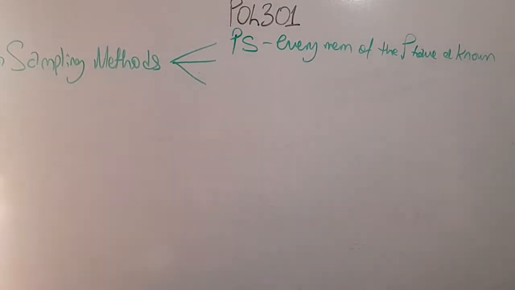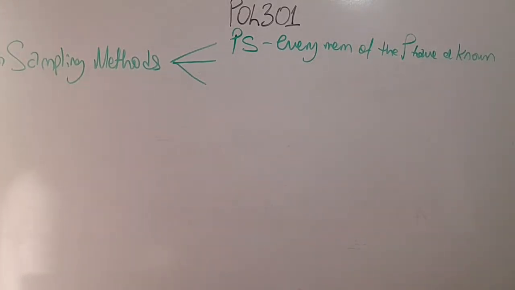Now, this type of sampling uses some form of random sampling in one or more of its stages. This kind of sampling uses a form of what we call random sampling.